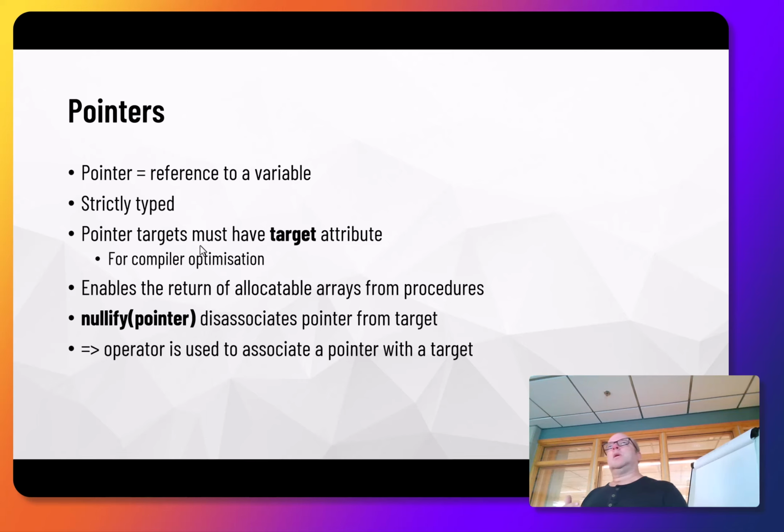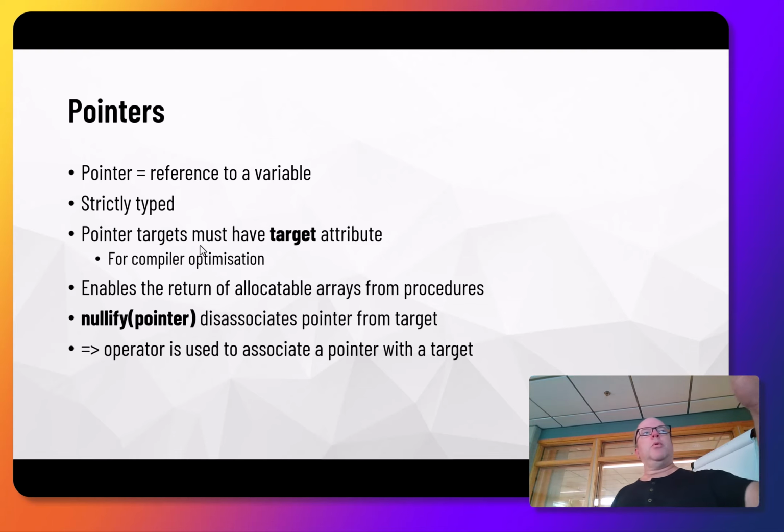Now it can enable you to return allocatable arrays from procedures, which is something that has changed, because in the latest Fortran you can do that anyway. If you don't use a pointer, you use the nullify pointer statement. So you don't go in and say that pointer is equal to 0.